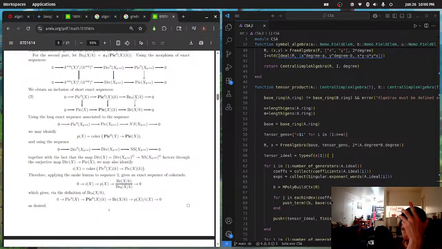So to some extent, what I think that means is that there's a bunch of connected components of the Picard group of some curve, and for an elliptic curve, there are algorithms for determining what the structure of the torsion points is.